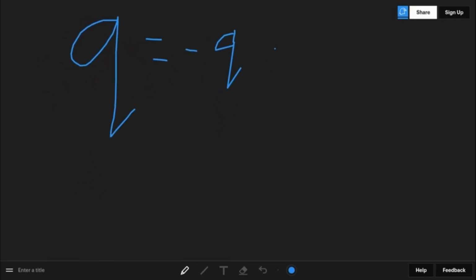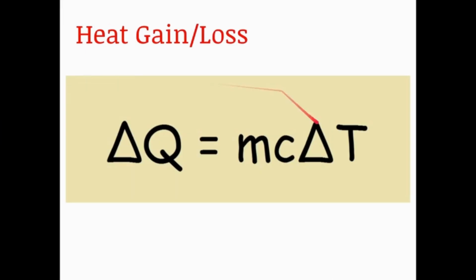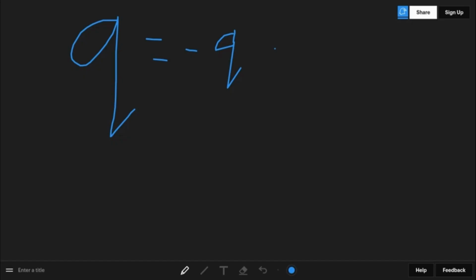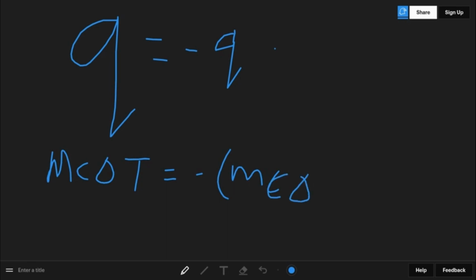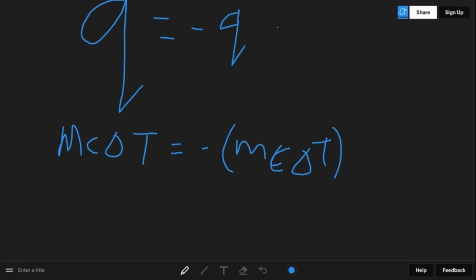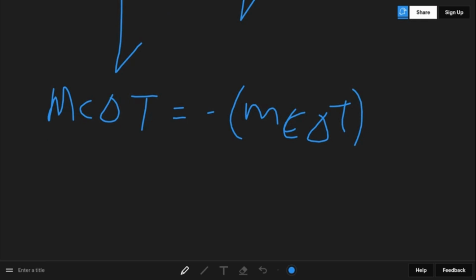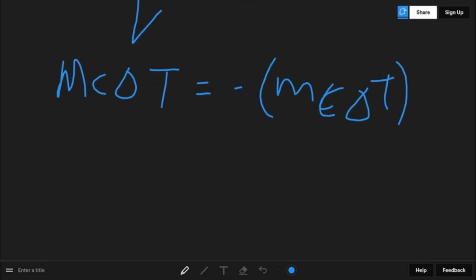So since we know that Q is equivalent to MC delta T, we can say MC delta T is equivalent to negative MC delta T. So let's do the left side for water and the right side for the metal. So we said the water is 100 grams of water.